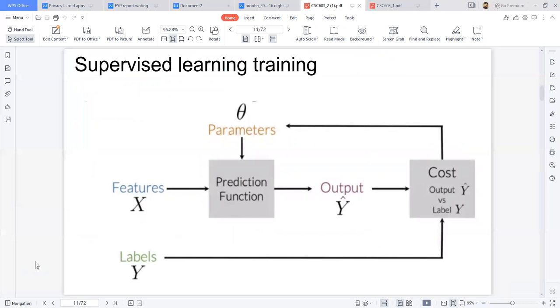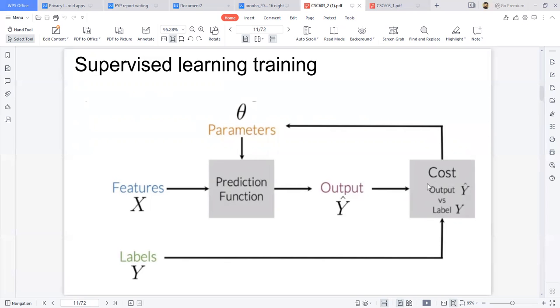So next we have features. Features are the number of input columns. This label is your output column. So input feature, output feature, and you will train the model with some parameters theta. Then you will have some predicted value. You have to find the loss function or cost function.